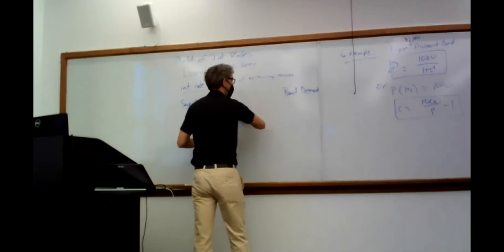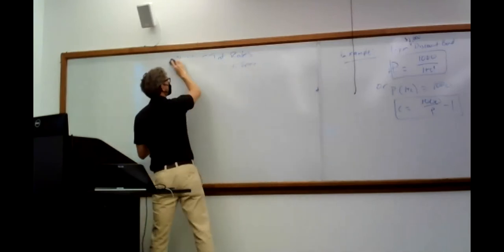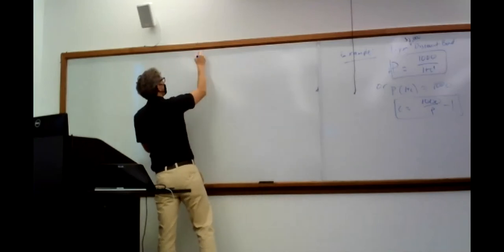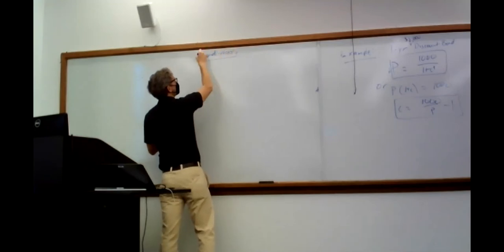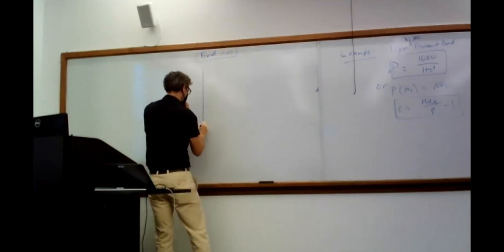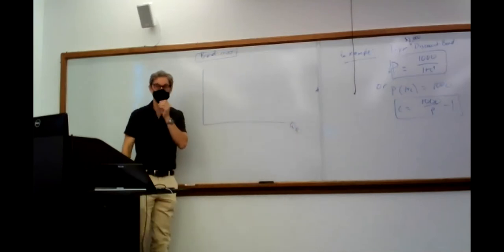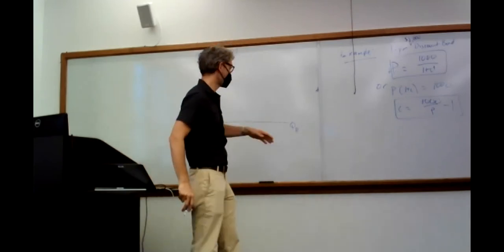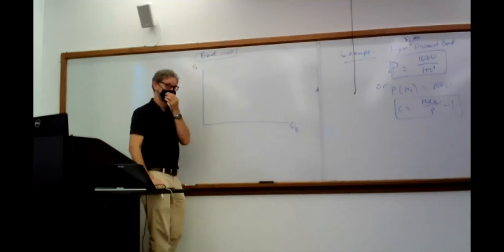So what does a bond market look like? Well, the bond market, as I said, is just an application of supply and demand. Here we have the quantity of bonds and here we have the price of bonds.